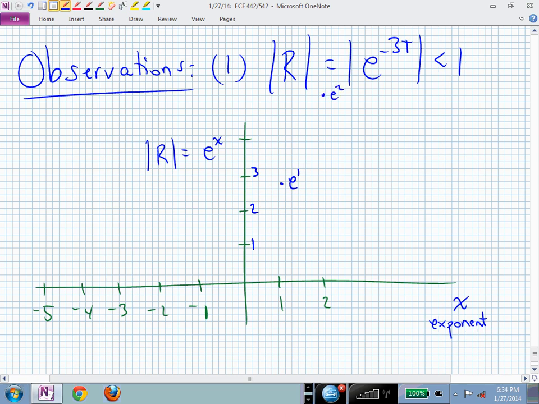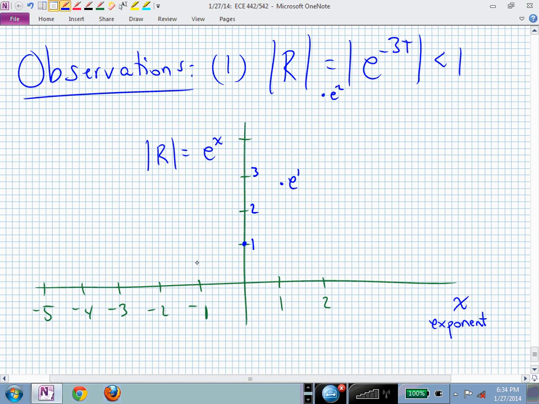What's e to the 0? Here's 0. That's 1. Do you remember what e to the minus 1 is? What do you get to in one time constant? How much of your response? 1 over e. So now it's 1 over 2.7, right? Which is a little bigger than 1 over 3, so a little bigger than 0.33. It's 0.37, isn't it?